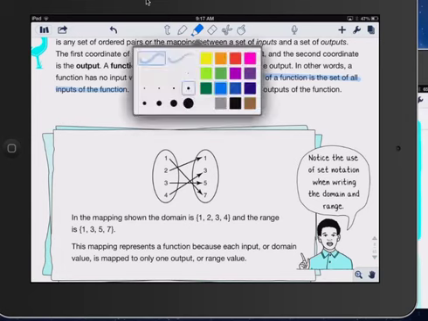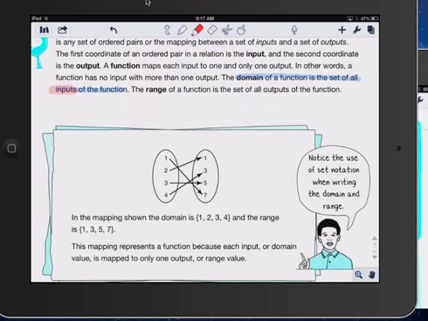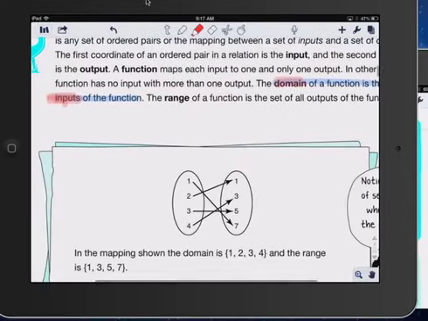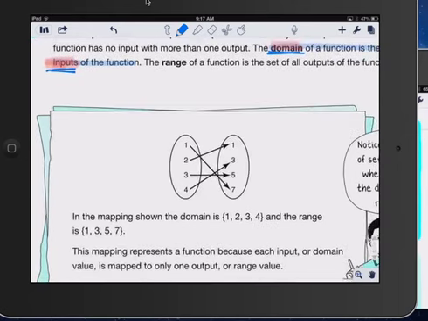What is domain? I want you to underline the word domain and input. A domain is an input. So it's the same thing. So this here, if you look at this, this is an input.